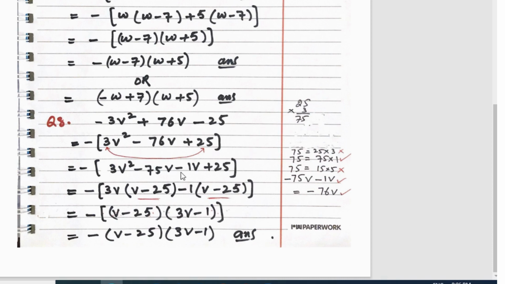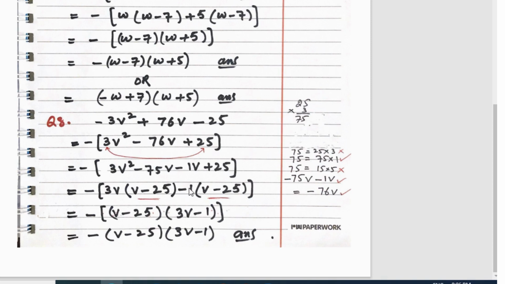Minus sign. After these two terms, what sign is coming? Minus. We will write it down over here. Now this minus, again, don't forget, this minus will change this plus sign into minus. Out of these two terms, nothing is common. When nothing is common, what is common? 1 is common.